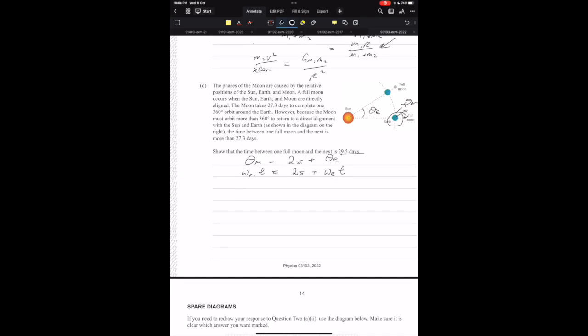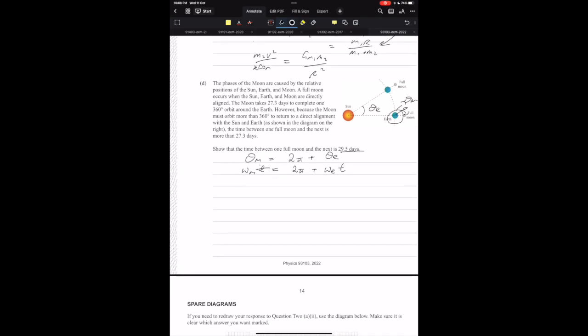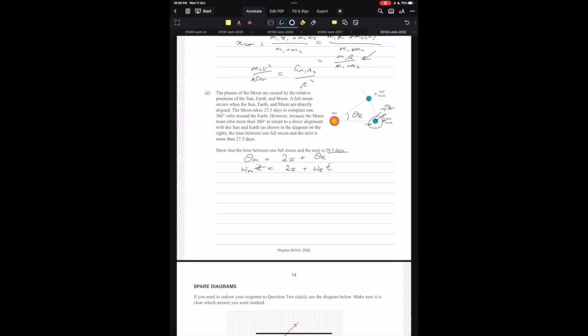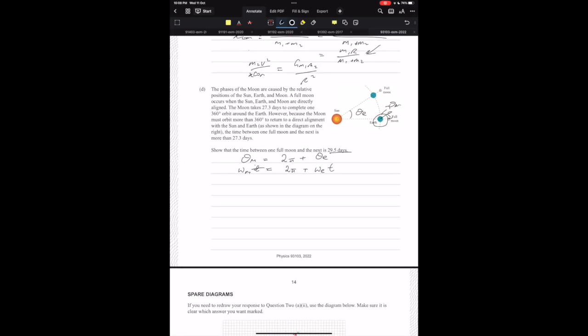Okay, so we're trying to solve for what t is, because that is what the question is asking for. So we do a bit of rearrangement, and you'd end up with something like this, t equals 2 pi over omega m minus omega e.